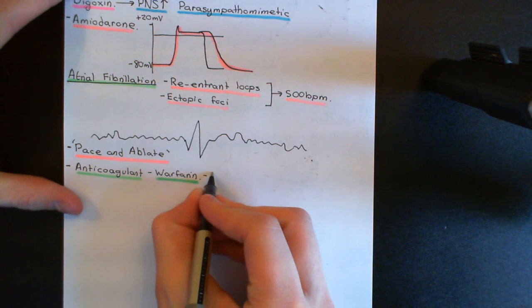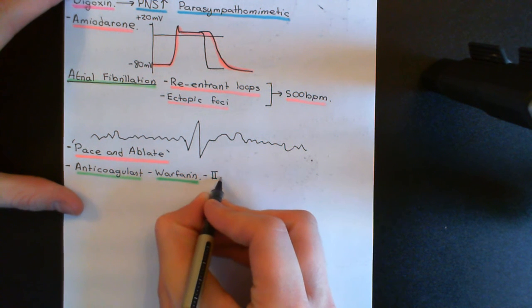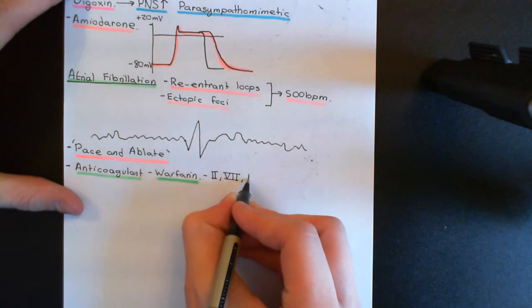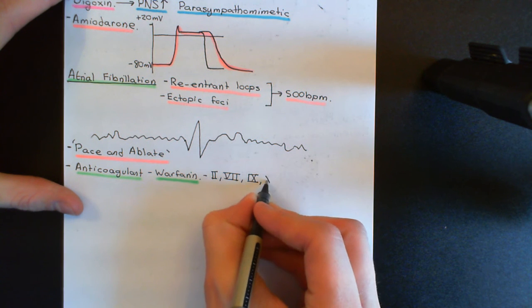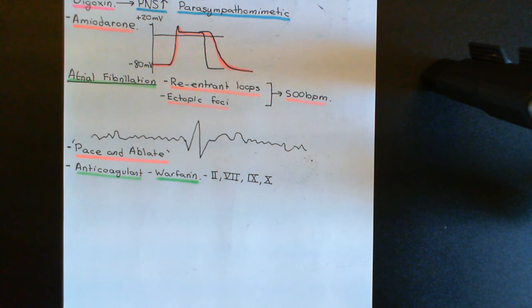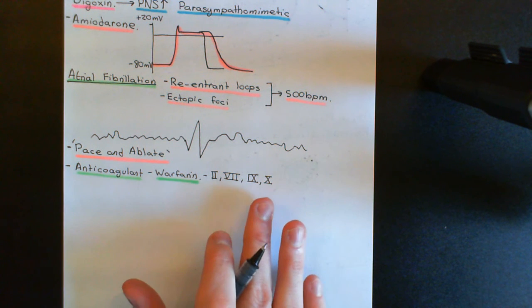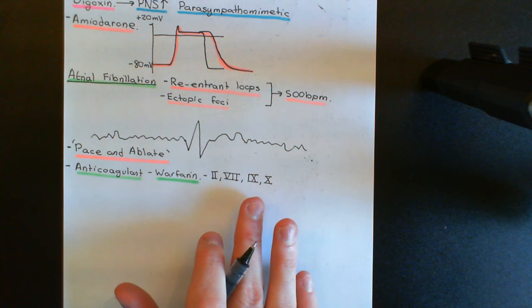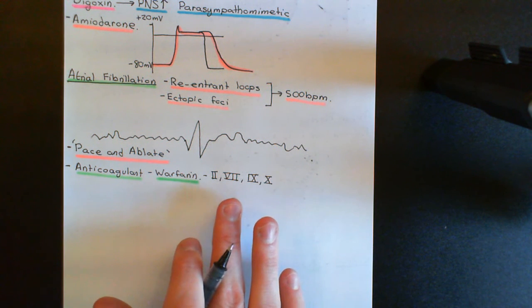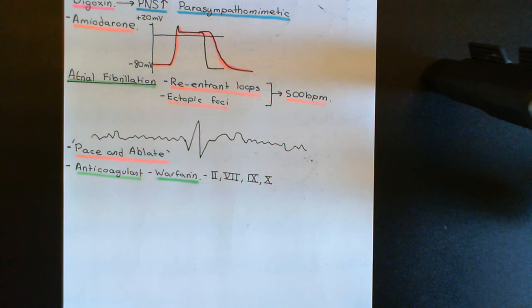In particular, it prevents the synthesis of coagulation factors 2, 7, 9, and 10. All of these coagulation factors require, in order to work, the uncommon amino acid gamma-carboxyglutamic acid, and to produce that amino acid from glutamic acid requires vitamin K in the reduced form.